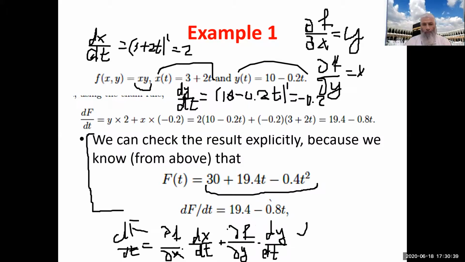This is the same number, and you can see that the final answer is the same. We can move further.